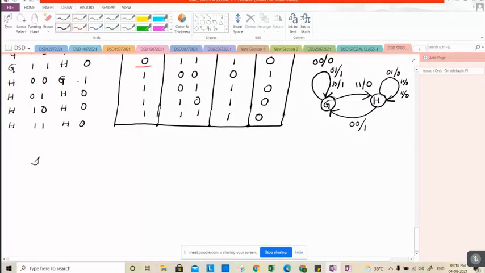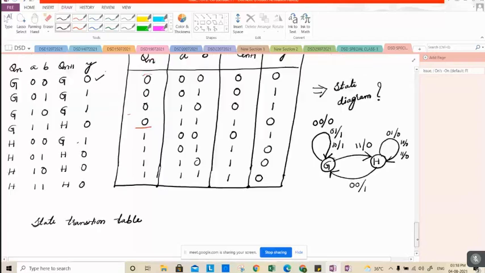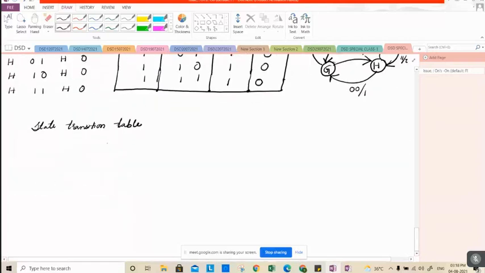Right. The next thing is the state transition table, or state table. Quickly draw the state transition table for this. The present state is Q. How many bits are required to represent the state? 1 bit, sir.